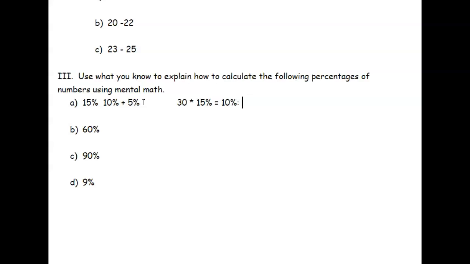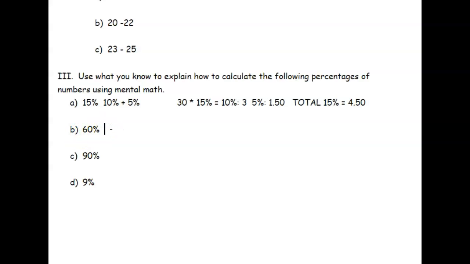Move the decimal once for 10%, I get $3. Take that and divide it by 2. 5% is half of $3. Hopefully you can do that in your head. It's 1.50. So 15% is the total of these two. 3 plus $1.50 is $4.50.